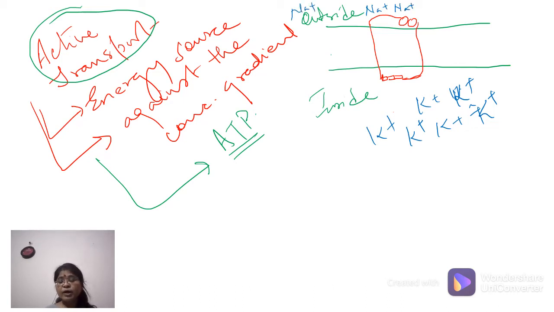Since they are moving against the concentration gradient, here the potassium is less, and here the sodium is less. More and more sodium is outside.